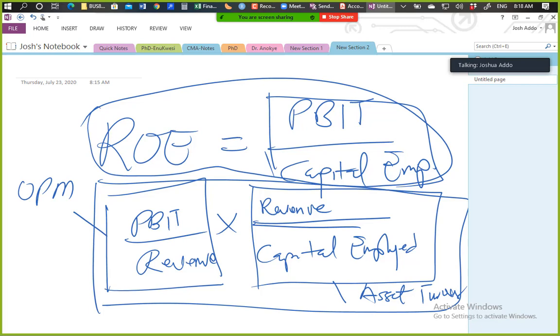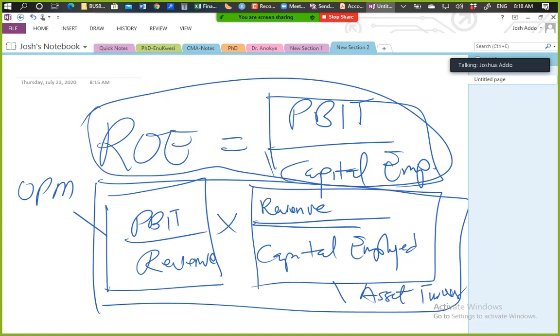Are you okay? Yes, sir. Okay. And this second formula. Sir. Yes, Kate. Why are you saying "and"? Is it not over? Because I see it's over it. Over what? Operating profit margin over asset turnover.